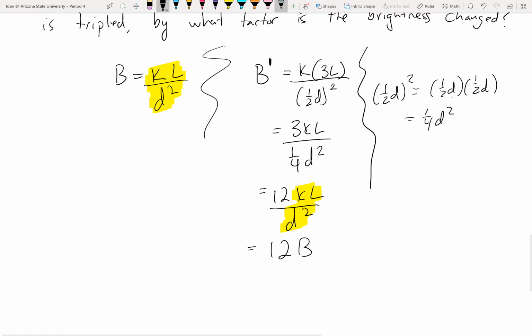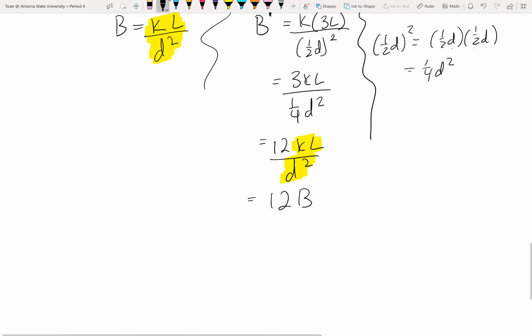Now look what our work says. B prime, which is the new brightness, equals 12B. Now we can answer the question. By doing all these changes, how does the brightness change? By what factor does the new brightness change? By a factor of 12. There's our answer. But of course, since this is a word problem, just write your answer as one short sentence.